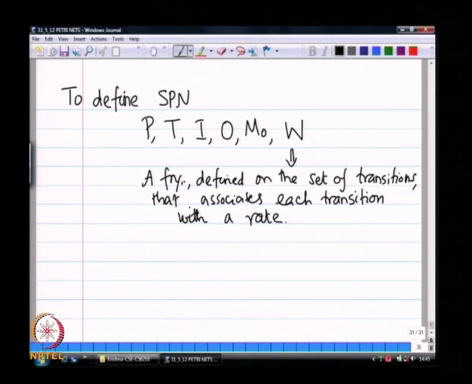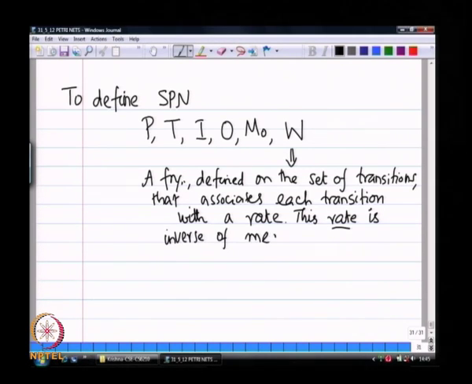okay, and this rate is nothing but the inverse of the mean firing time, right. When we talk about exponential, we talk about the mu parameter, right: exponential is mu e power minus mu x, where mu is your rate parameter for the corresponding distribution. If the delay is exponentially distributed, the mean value is 1 over mu, the mean firing delay of a transition.